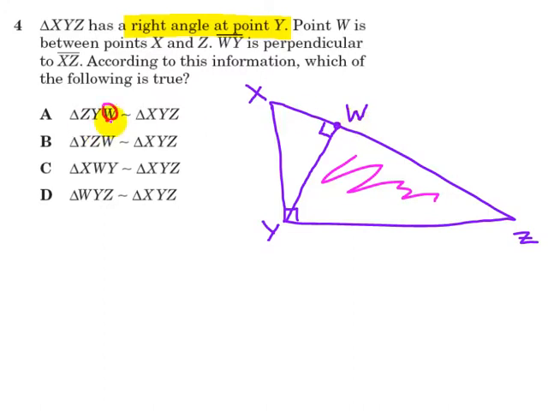So for this triangle, Z better be the right angle. So XYZ. And Z is not the right angle. Y is. So these are not similar because the corresponding angles have to be congruent.